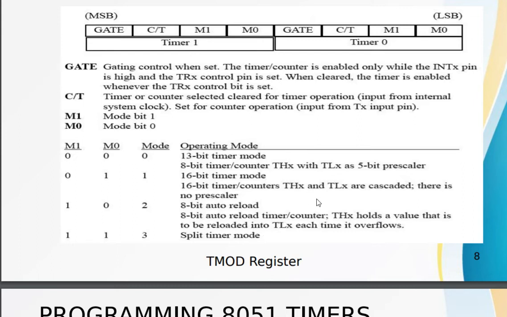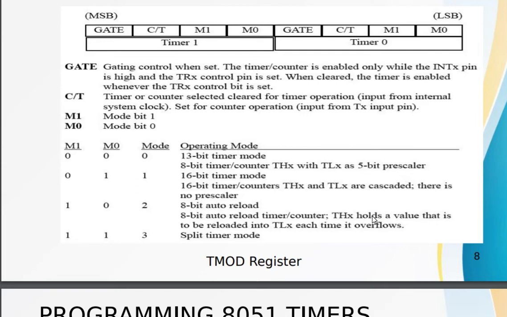The value which you store in the THX bank, meaning TH0 or TH1, holds the value. Suppose it holds the value FF.